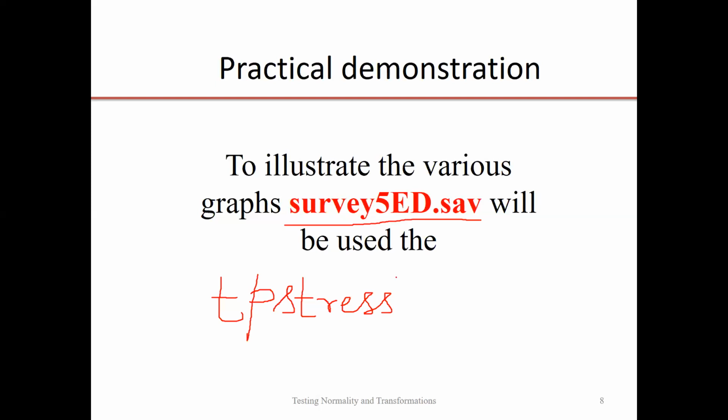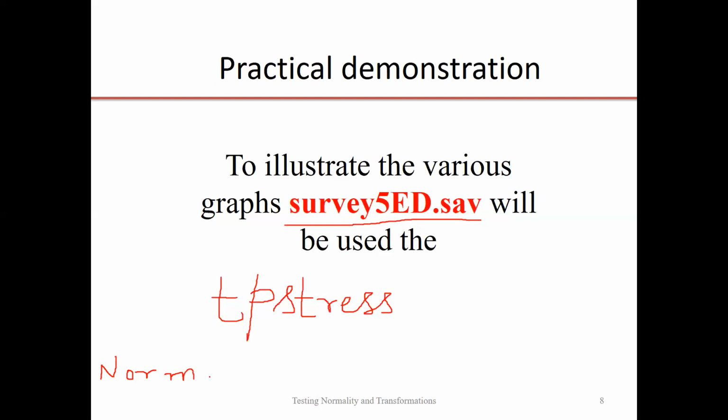How can I check the normality of the variable by graph? The procedure is simple. The normality can be checked by histogram, by box plot, by stem and leaf, or by normal probability plot. The new term in this presentation that you are learning is the normal probability plot.